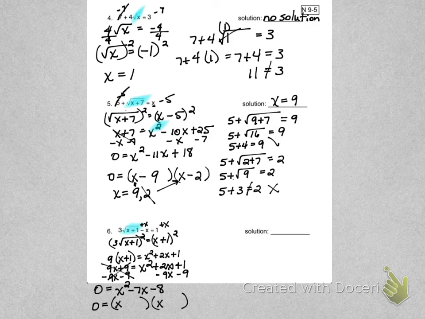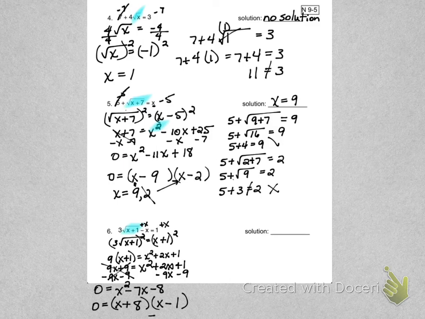X times x. This minus here tells me one sign is plus, one is minus. Okay. And I need factors that will multiply to be negative 8 and add to be negative 7, one of each. And so that's going to be 8 and negative 1.